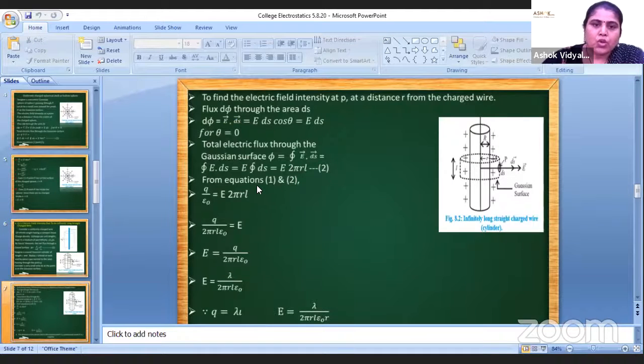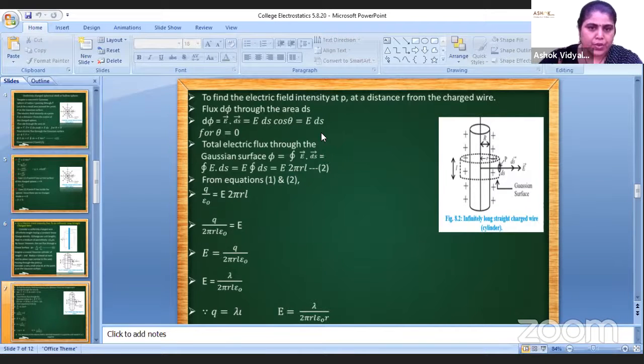To find the electric intensity at P at a distance r from the charged wire, the flux d phi through the area ds is d phi equal to E bar dot ds, which is E ds cos theta. The angle between E and ds is 0, so cos theta is equal to 1.